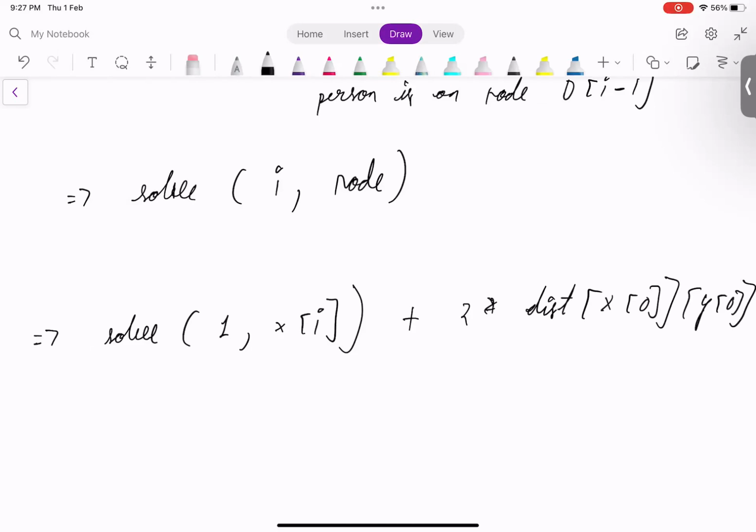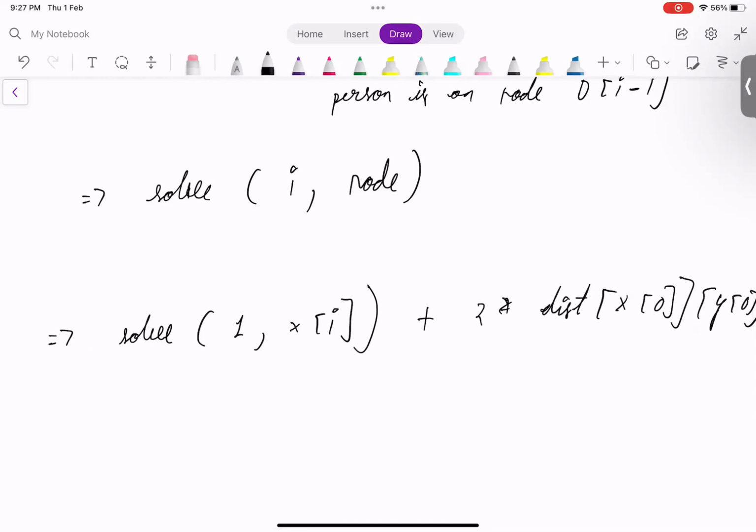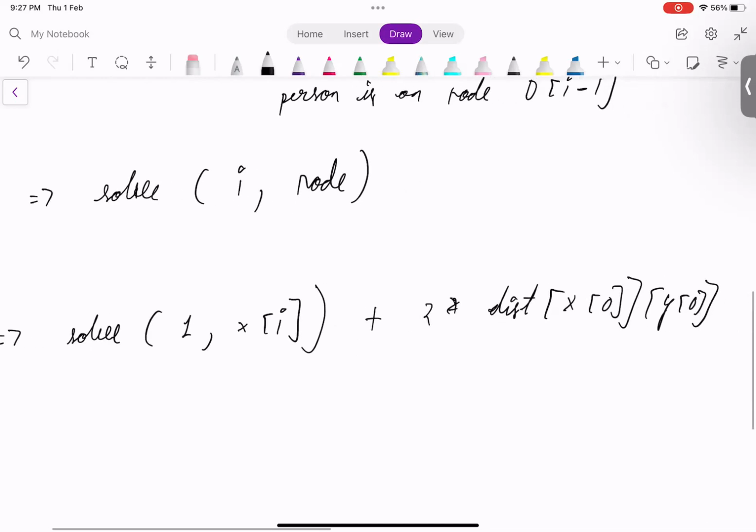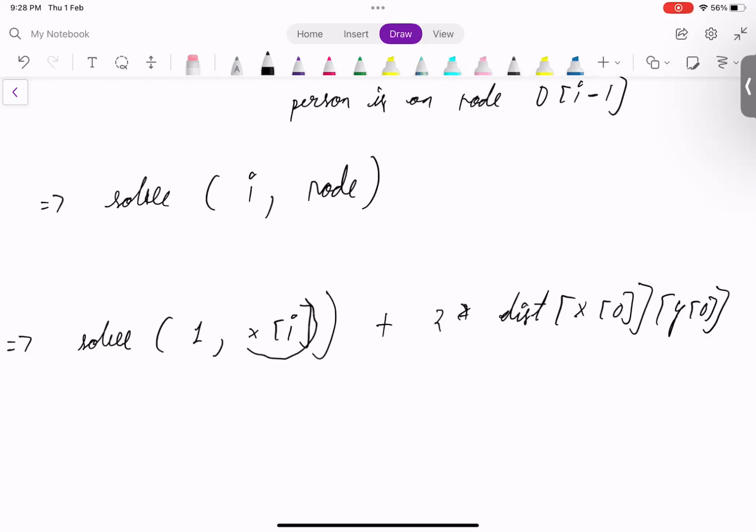That is right. This just means that we are not fixing the order of the people, but among those two people, some person has delivered the first order and the other person is on the xith node, is what we are assuming.